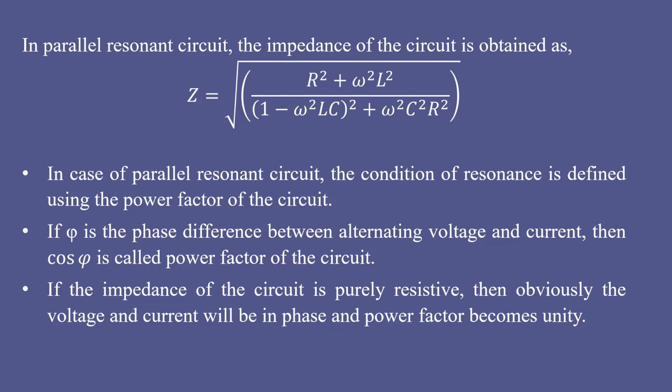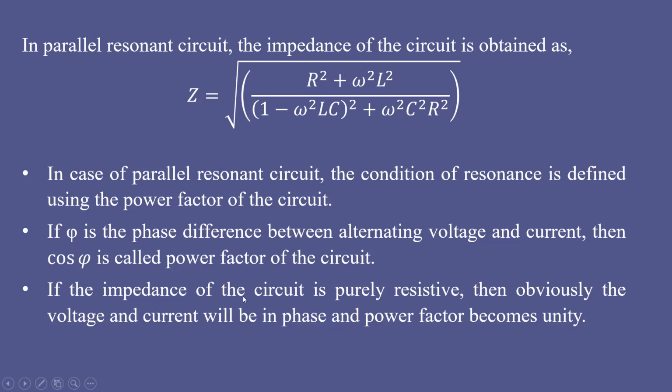Therefore, the phase difference between voltage and current will be 0 if the impedance is purely resistive, if Z equals R. If phi is 0, then what will happen to the value of cos phi? Cos 0 is 1.